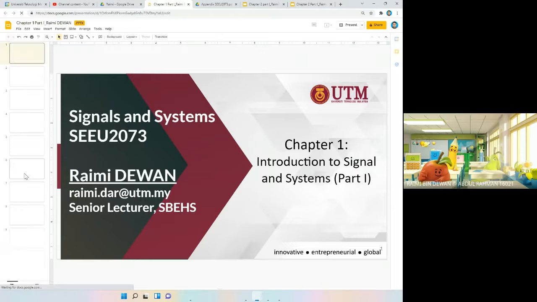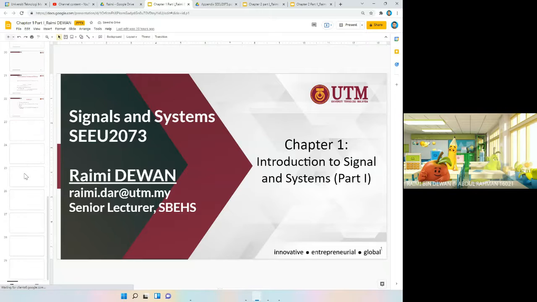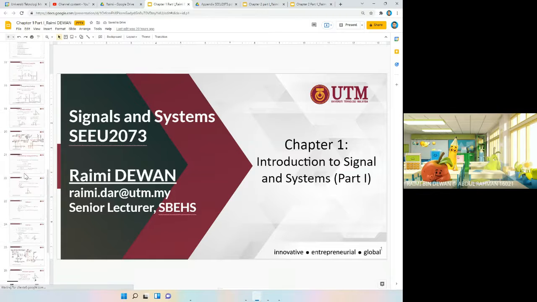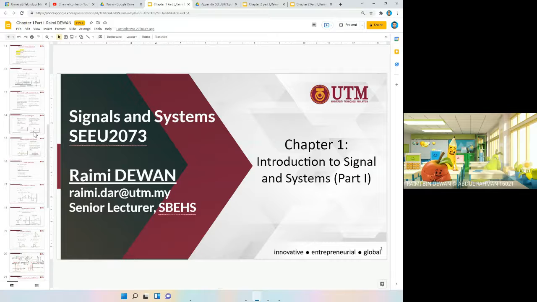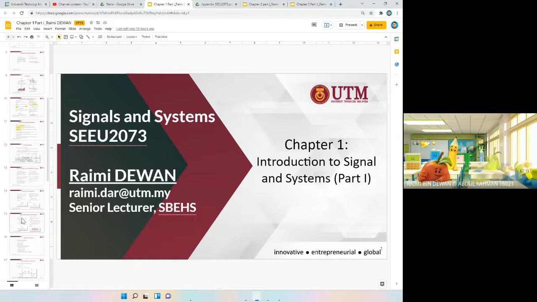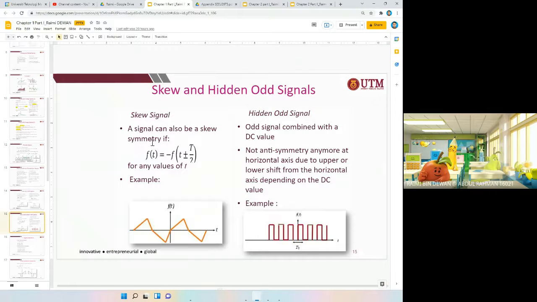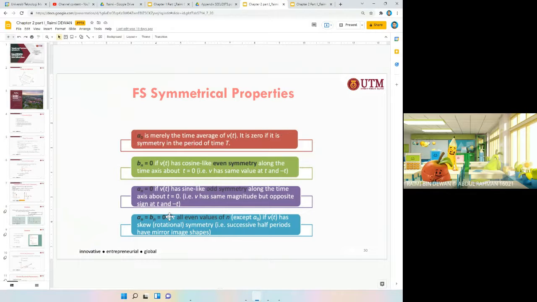How does the skew signal look like? Chapter 1, part 1. Okay, this is the skew signal. So for the skew signal, An, Bn equals 0 for all even values, for n = 2, 4, 6, and so on, except A naught.